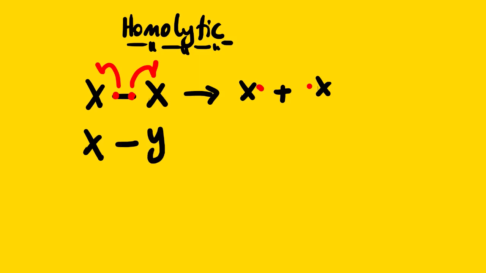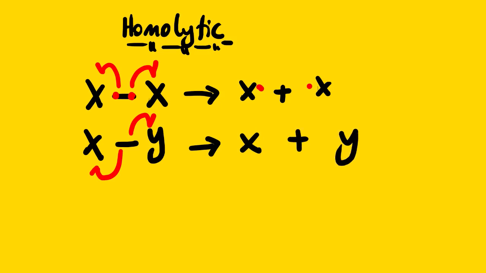We can have different types of atoms, but as long as they both gain electrons from that sigma bond, then we say this type of bond fission is homolytic. Now let us look at a few examples.